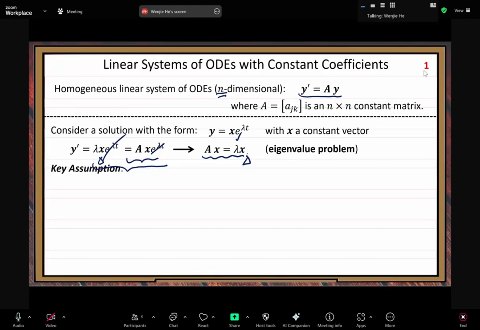Key assumption. The whole eigenvalue theory in linear algebra is relatively complicated, and in this class we will not go that far. We will not use the whole theory about this problem, which is too complicated.